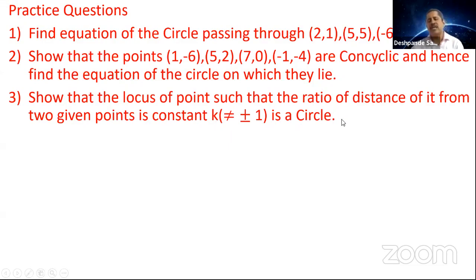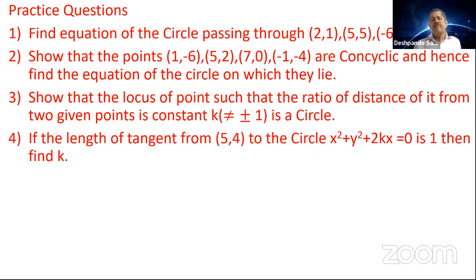What you can do is take one of the X and Y values as zero. If you take A as (A, 0) and B as (B, 0), you are going to get the answer very, very fast as compared to taking (X1, Y1) and (X2, Y2). So try this problem.